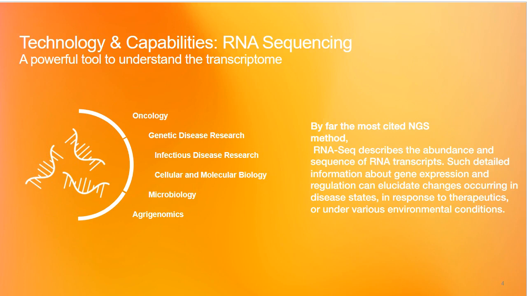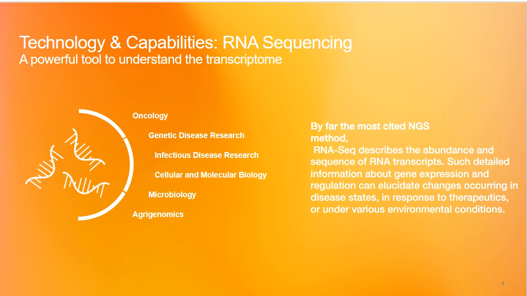RNA sequencing is an extremely powerful tool for understanding the transcriptome and is by far the most cited NGS method. RNA-seq can be used for gene expression profiling, transcriptome discovery, and transcription detection, making it an accurate, sensitive, and reproducible NGS method.